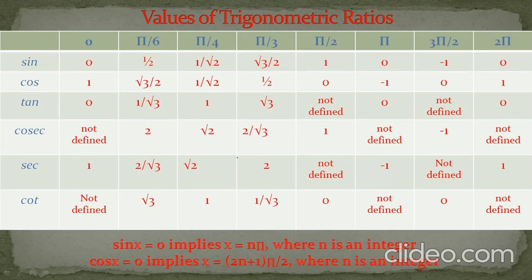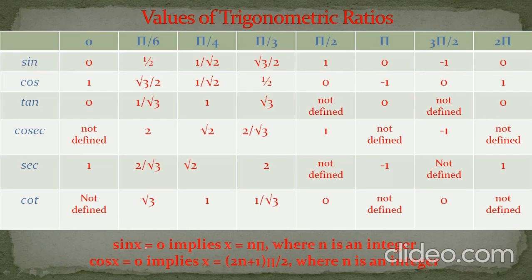You have to remember this table for these trigonometric functions. Then consider this equation. Sin x equal to 0 implies x equal to n pi, where n is an integer. So this result says that if sin x is 0, then x will be equal to n pi. We can see from the table that sin 0 is 0, sin 2 pi is 0, sin pi is 0.